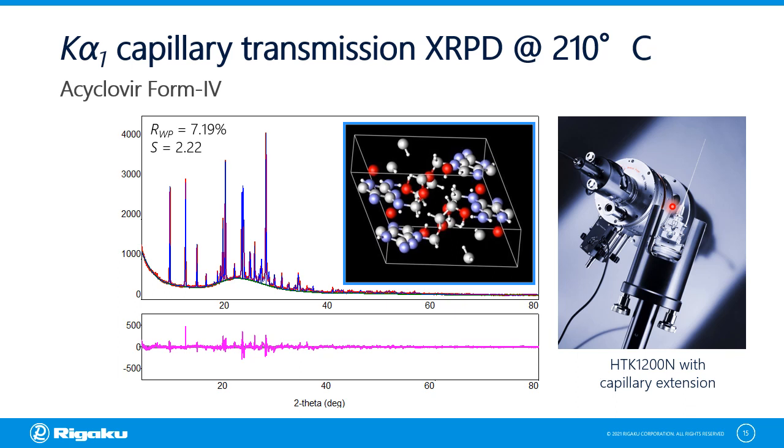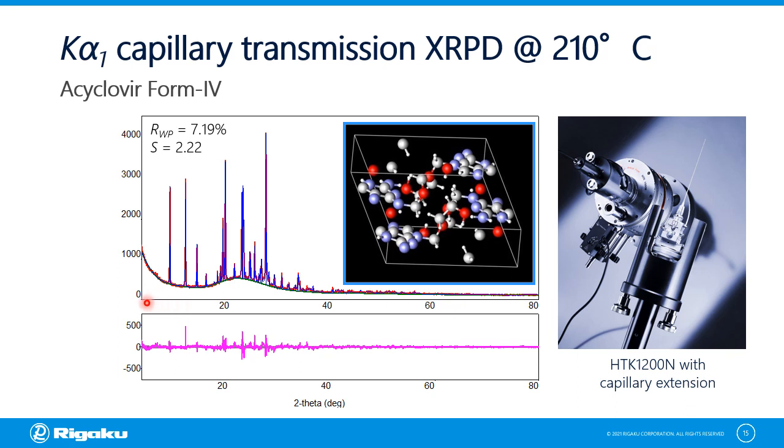X-ray was monochromated by the Johansson monochromator and focused onto the capillary by a combined elliptic curved multilayer mirror placed after the Johansson crystal. X-ray transmitted through the sample and capillary was recorded by a detector. So the XRPD scan here was the data recorded on this capillary sample.